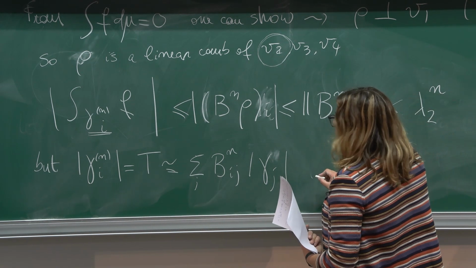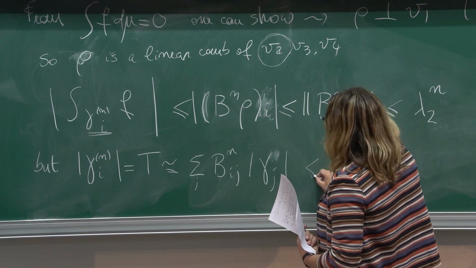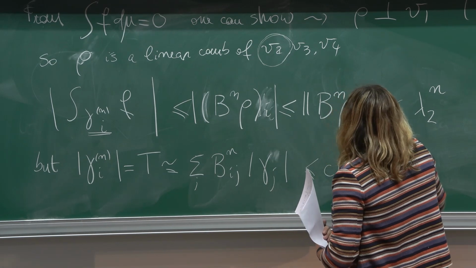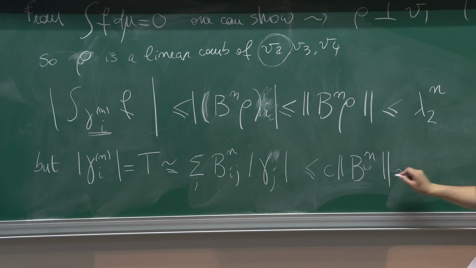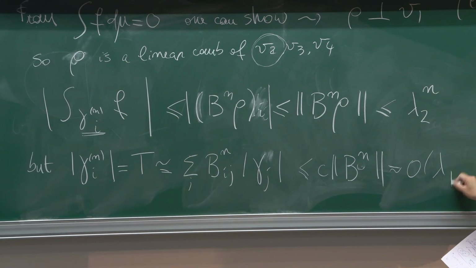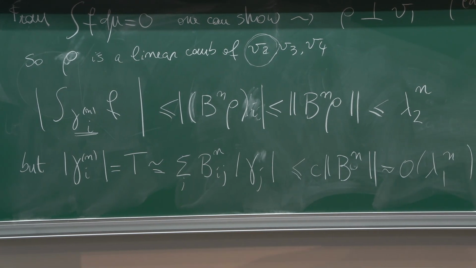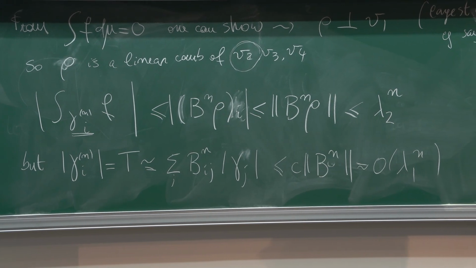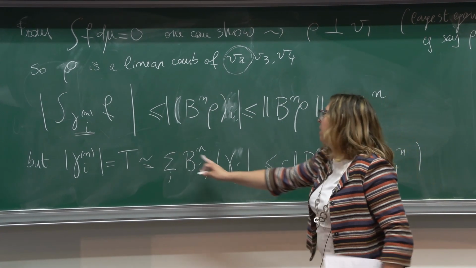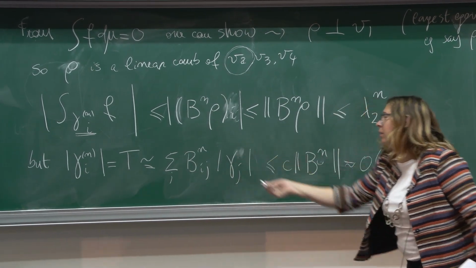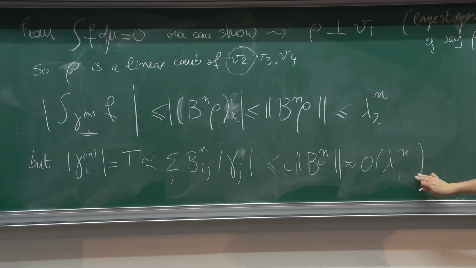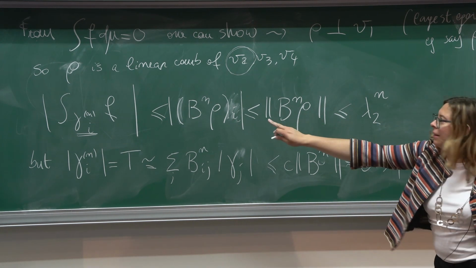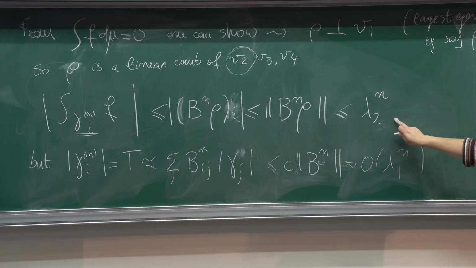So what I want to show is that this is maybe constant times the norm of the n. And the norm grows like the first exponent, lambda 1 to the n. So the lengths grow like the fastest exponent, because you take the max of those, and the length grows like the norm of the matrix, which grows like the Perron-Frobenius, but the integrals grow like the second.